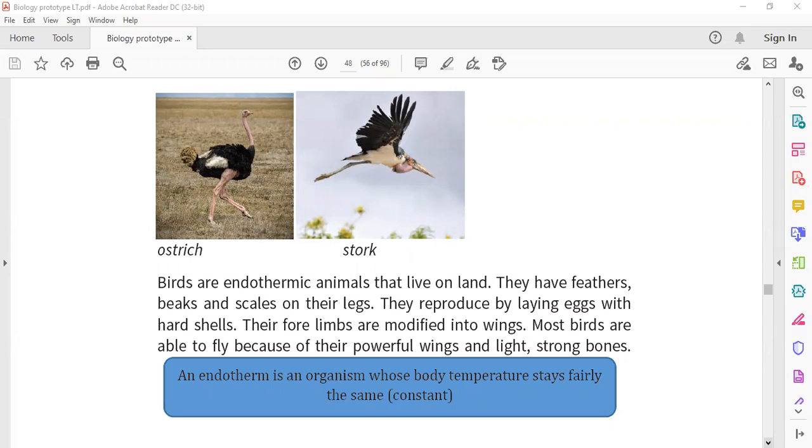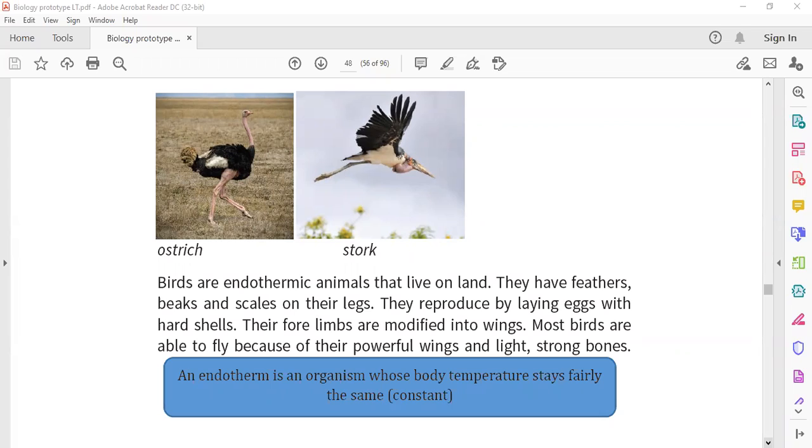Now, like we already mentioned, birds have feathers, beaks, and scales. These body structures give protection and help with temperature regulation. If you have scales, you can easily live on land, and they reduce mechanical injuries that may come up.